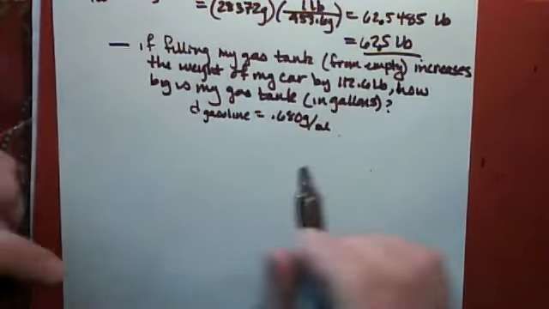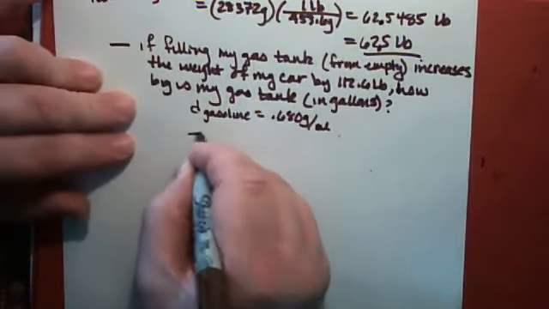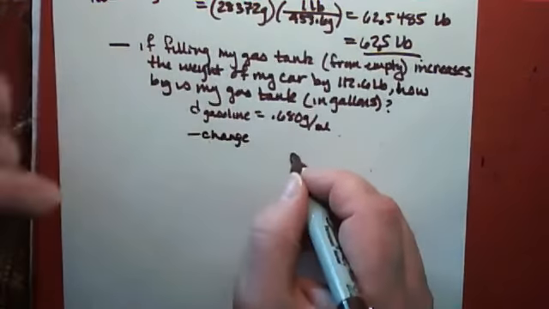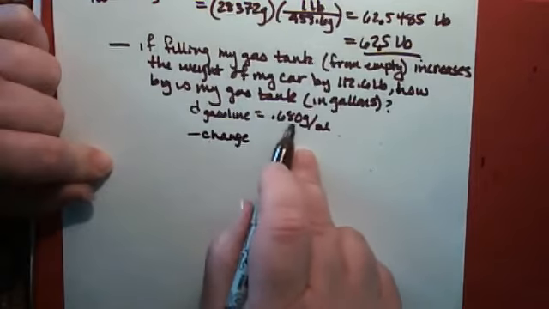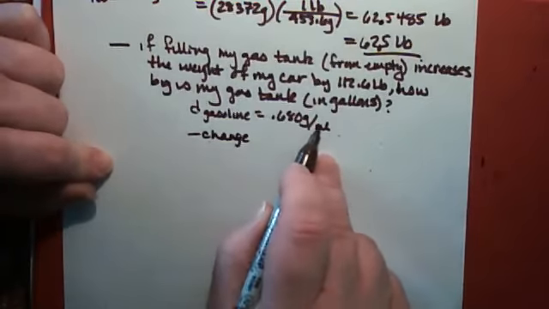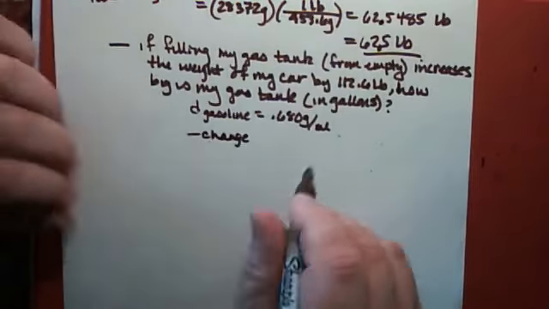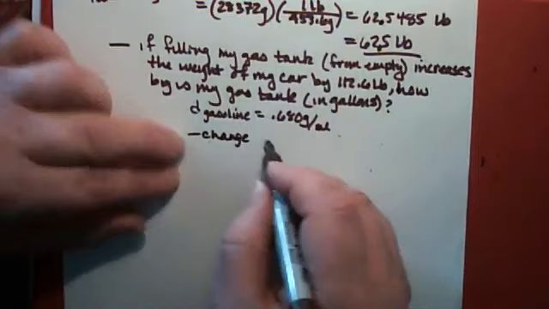So I would say change the mass of the gasoline to grams. That's the easier way. You don't have to do it this way. You could change the density of the gasoline to pounds per gallon, and then just use the numbers as they're given in the problem if you wanted to. But I think that doing it this way would probably be easier.